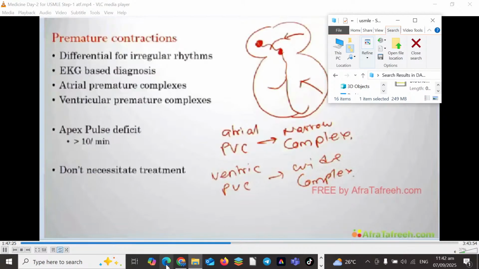When you're talking about an idioventricular rhythm, it looks just like a ventricular premature complex. An idioventricular rhythm is something similar to what would be seen in a complete heart block. You call it idioventricular rhythm because the heart is no longer having the atria to support it.